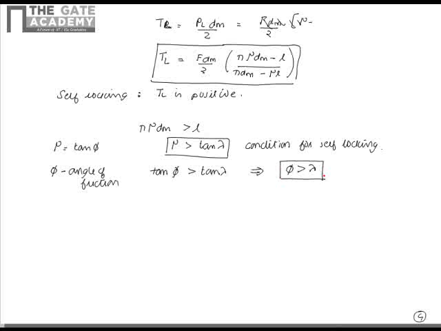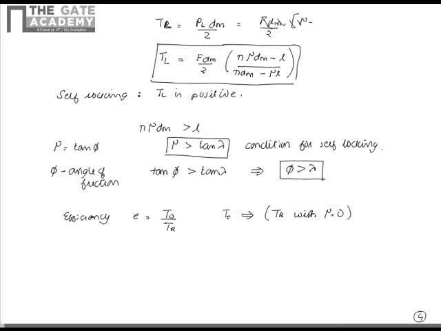Now we can derive an expression for efficiency of the screws. The efficiency of the power screws, E, can be written as the ratio of TO by TR, where TO is nothing but the torque required to raise the load with no friction, with mu equal to 0. If there is no friction at all, what is the torque required to raise the load?